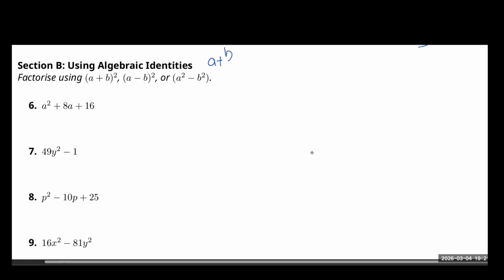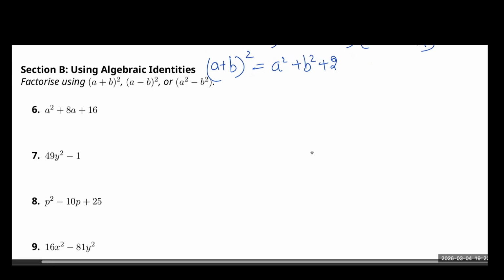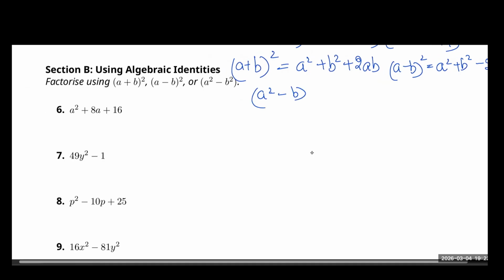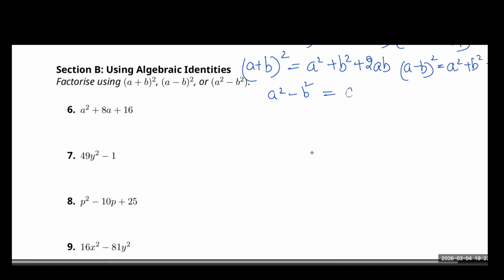A plus b whole square can be written as a square plus b square plus 2ab. A minus b whole square is a square plus b square minus 2ab. And a square minus b square is a plus b into a minus b.